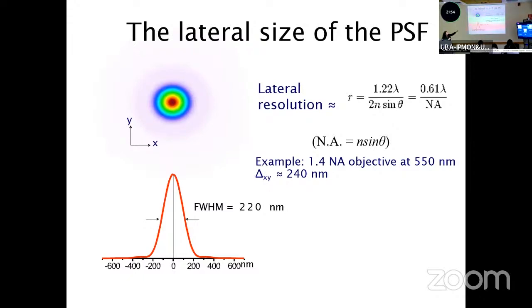We can distill this down to 0.61 lambda, where lambda is the wavelength, divided by the numerical aperture. So depending on whether we're using short or longer wavelengths, shorter wavelengths will focus the beam much smaller, right? The longer the wavelength, the bigger the beam waist is going to be.